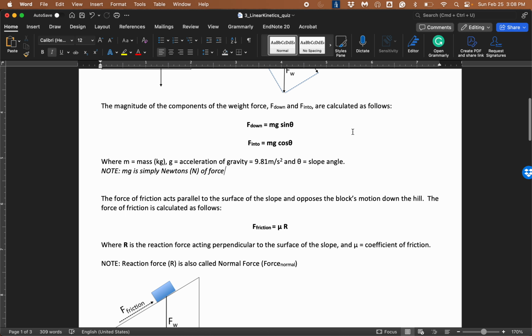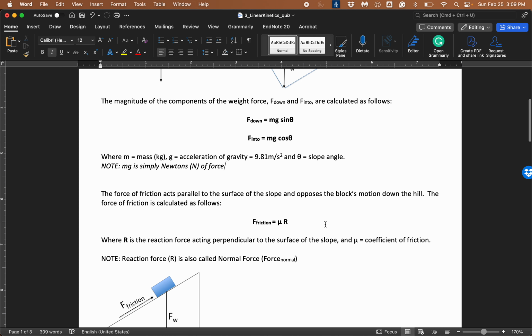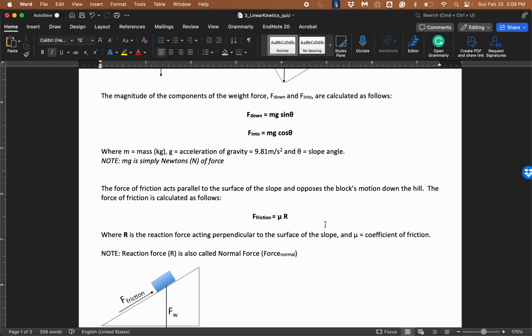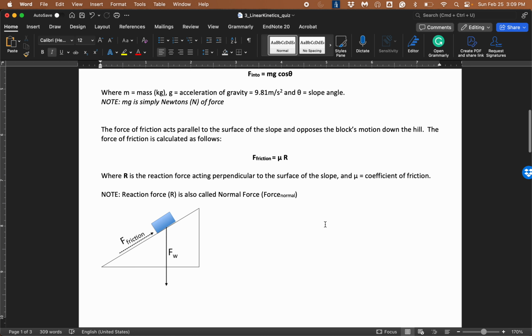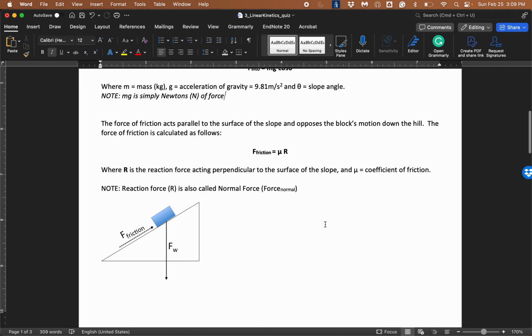We know that friction is a product of the coefficient of friction, the Greek letter mu, times the reaction force, where R is the reaction force acting perpendicular to the surface of the slope and mu is the coefficient of friction. Let's talk a little more about how we can use that relationship to get an idea of how important friction is on a slope.